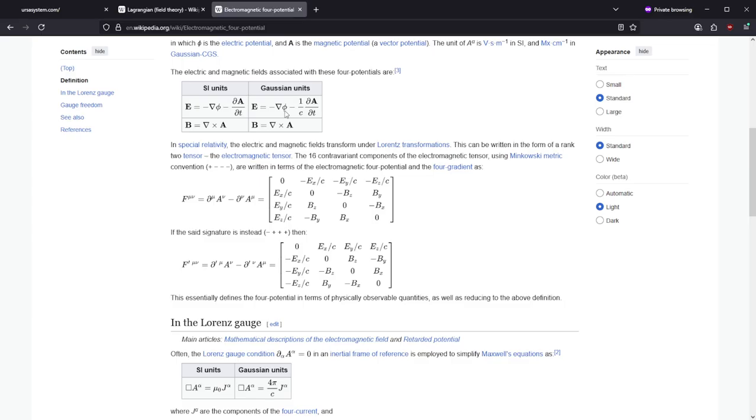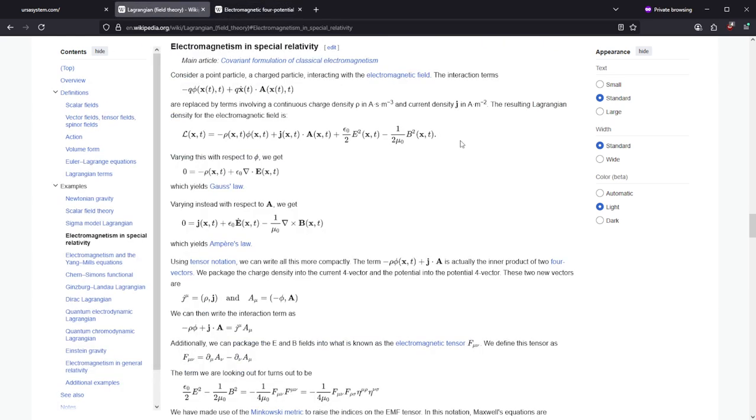So that is, again, phi and A, the scalar potential phi and the vector potential A. And E is defined as this, negative the gradient of phi, minus 1 over c times the time derivative of A, the vector potential, and then B is also defined. It's the curl of the vector potential. So we're going to start with this and derive Gauss's law.